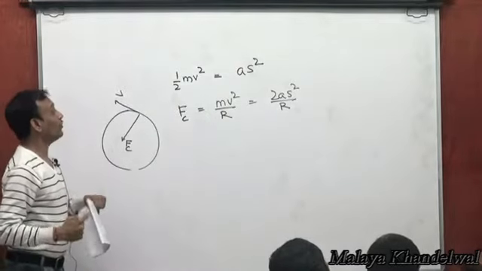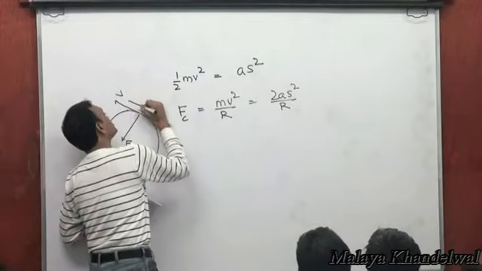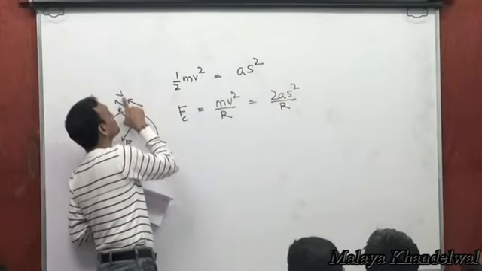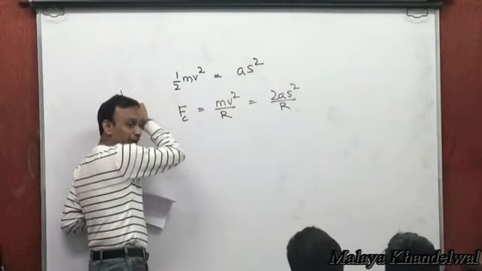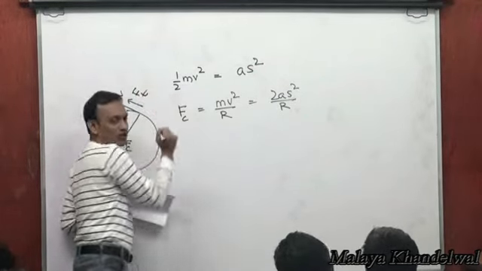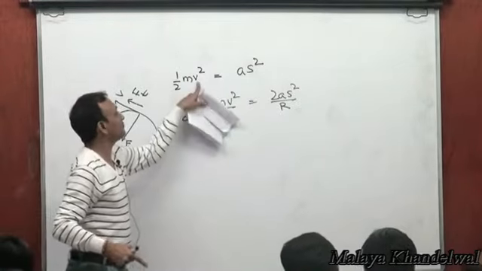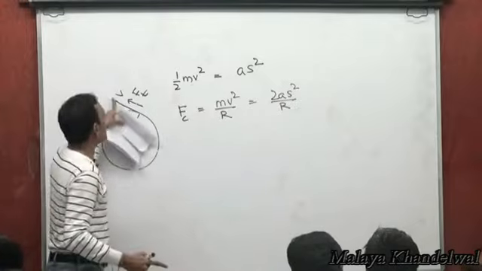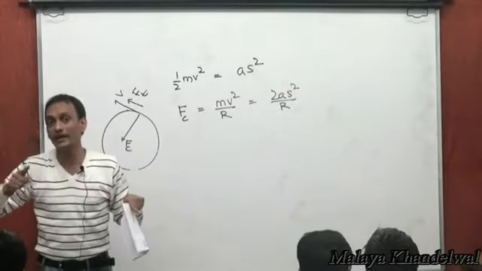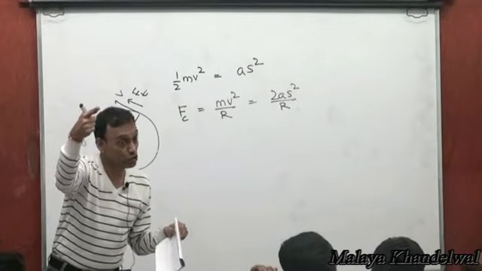Now there is also a tangential force which depends on the tangential acceleration, which is dv dt, resulting in a tangential force. Yes or no? V is not constant here, V is varying. If V is varying, that means the tangential velocity is varying, that means there is tangential acceleration, that means there is a tangential force also.